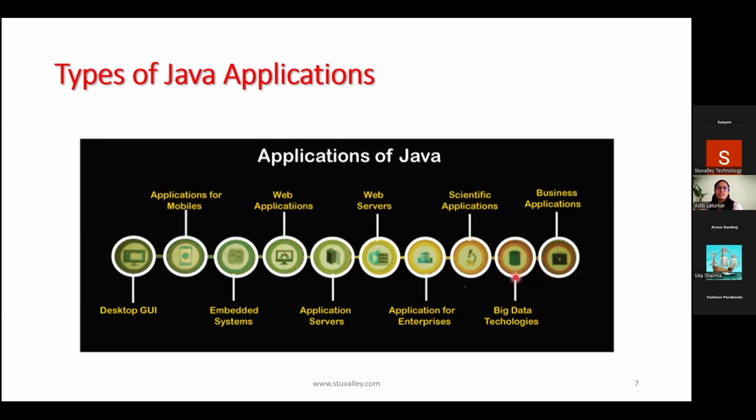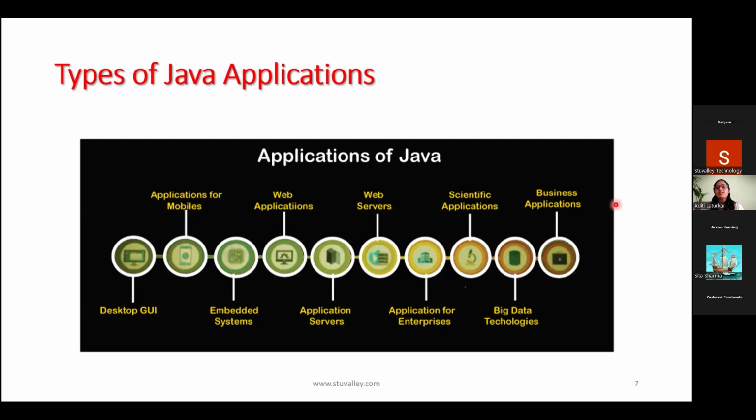Next one, which is widely used nowadays, is big data technologies. You must have heard about Hadoop, right? If you have the knowledge of Java, then you can go for big data technologies. It is also opening one career path for you. You can learn Hadoop and then go for big data technologies also.